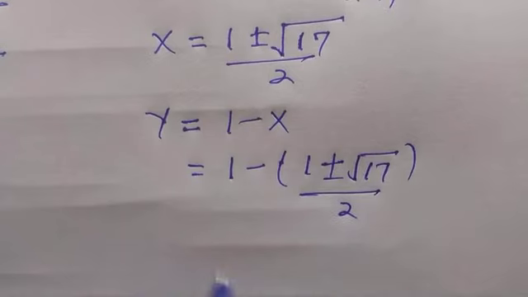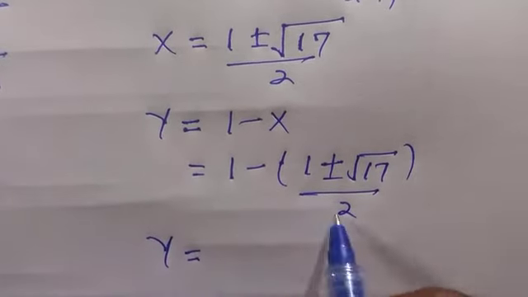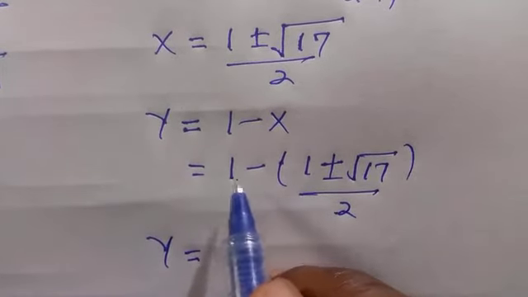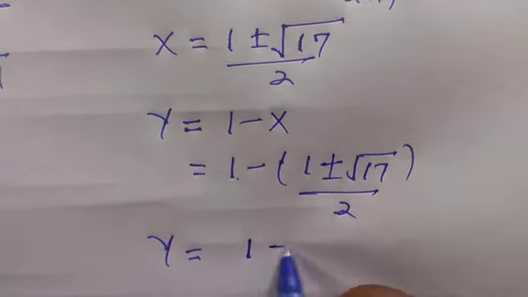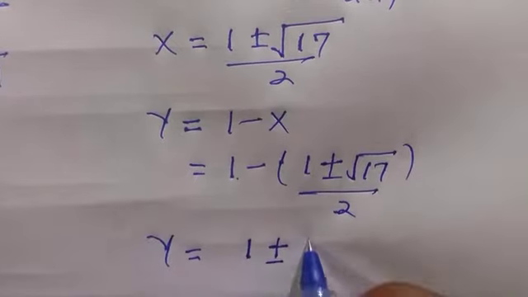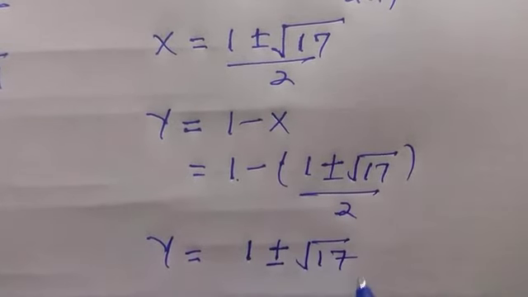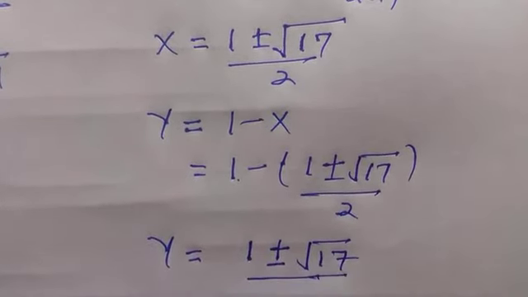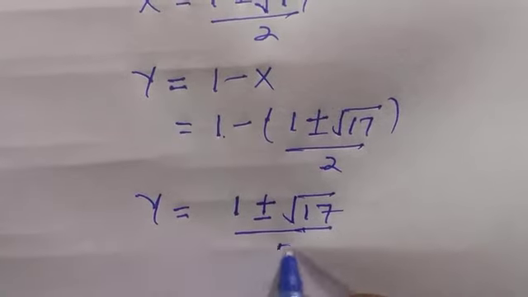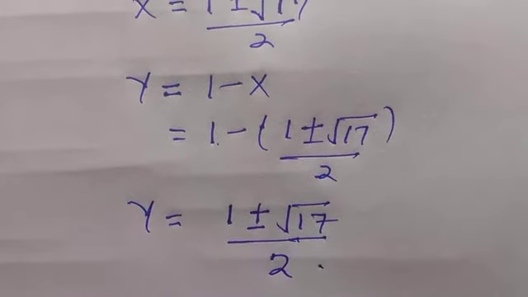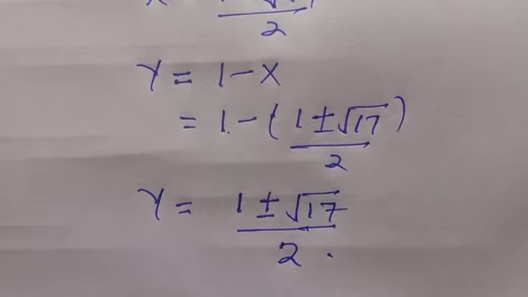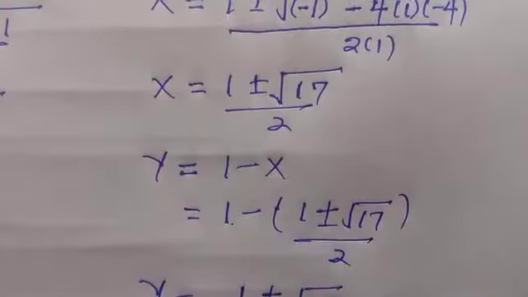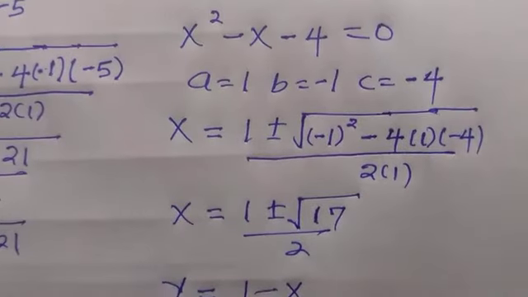By finding the LCM, we multiply 2 by 1, and we take minus 1 out of this. So here we are going to have it as 1 plus or minus the root of 17 divided by 2. The plus or minus can be affected by the negative on the outside, so we can write it as minus plus or plus minus. And this is how to solve this equation.